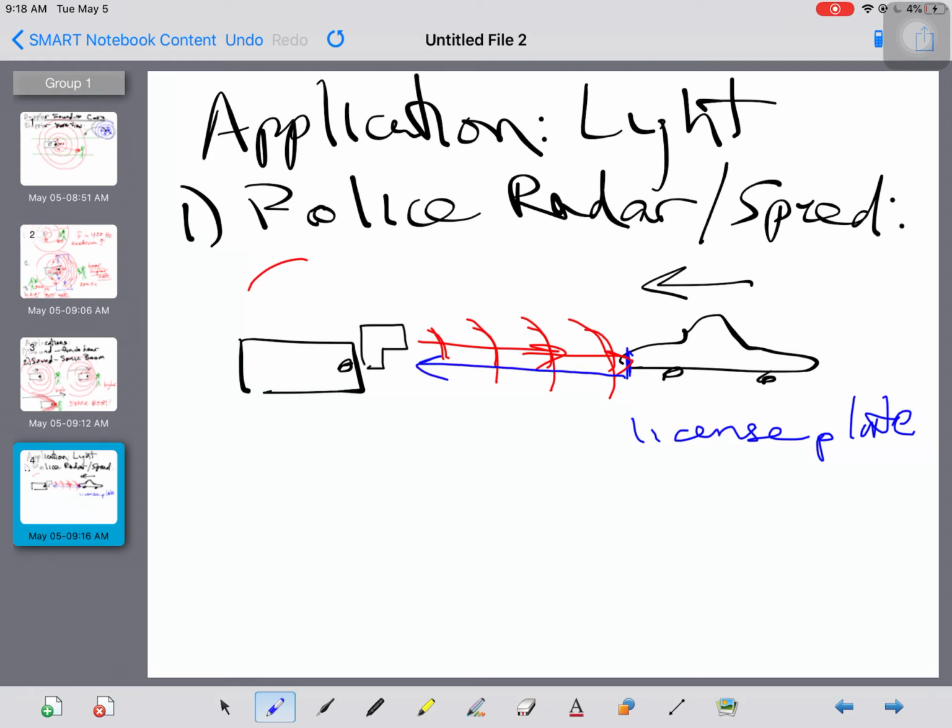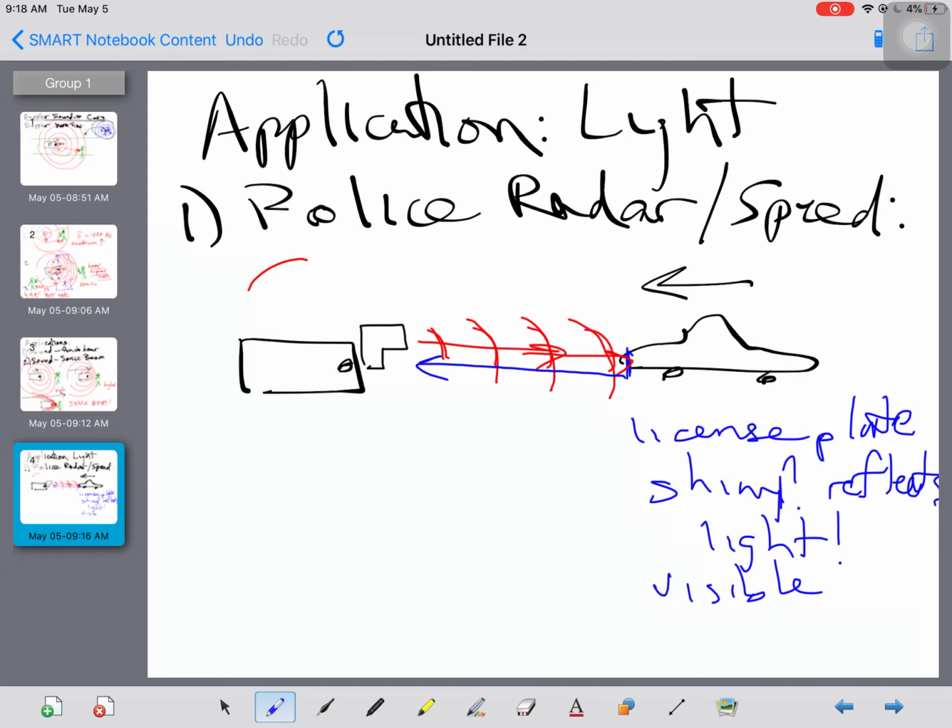Oh, why is a license plate shiny? They're always shiny. So it reflects light. Now, what kind of light does it reflect? Visible, yes, so you can see it. But it also reflects microwaves. And that's what the police take advantage of.